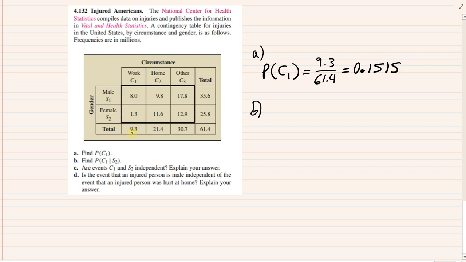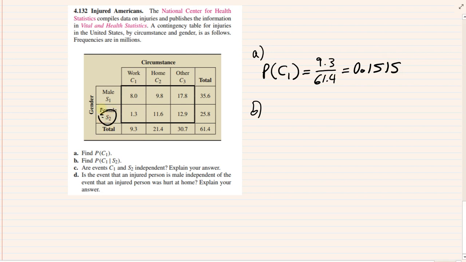In part B, find probability of C1 given S2. That means what is the probability that the injury occurred at work given it was a female? S2 is female, right? S1 would be male.